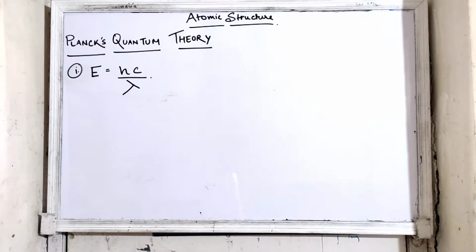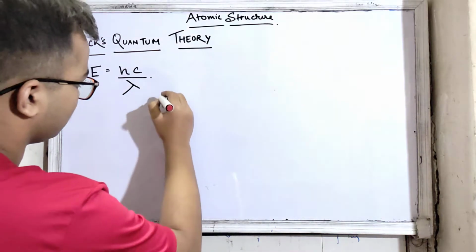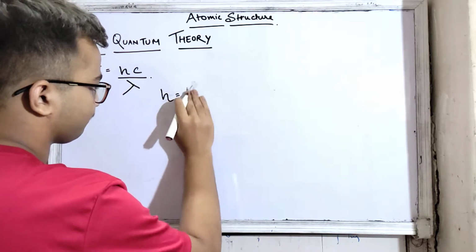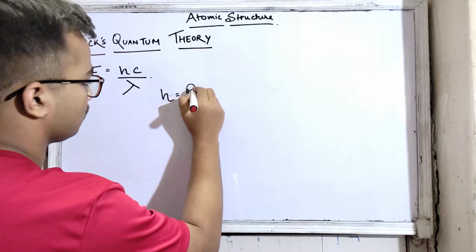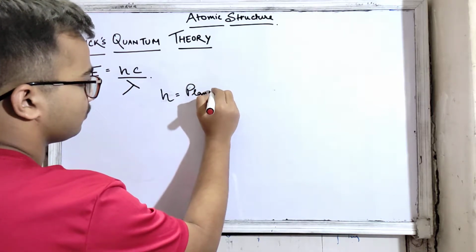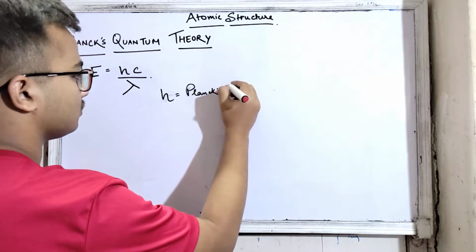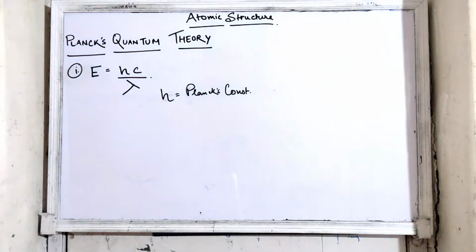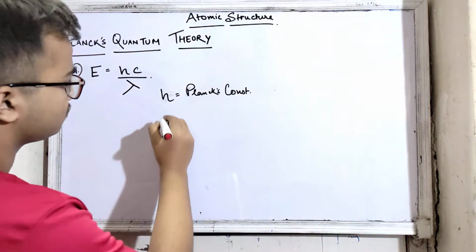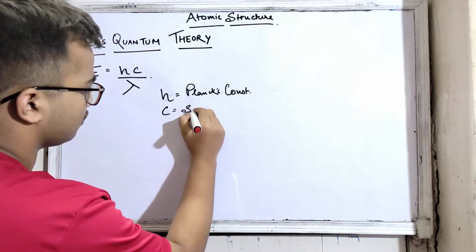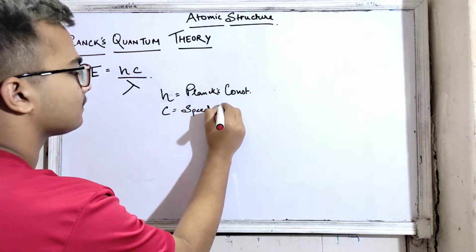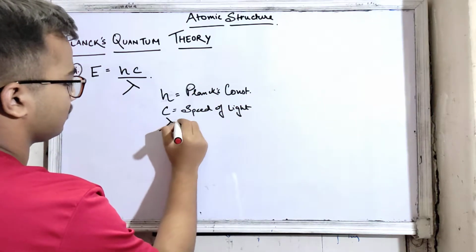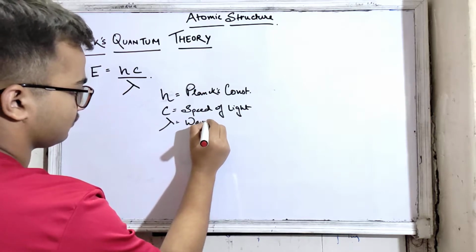What is h? h is Planck's constant. What is c? c is as usual the speed of light, and lambda is your wavelength.